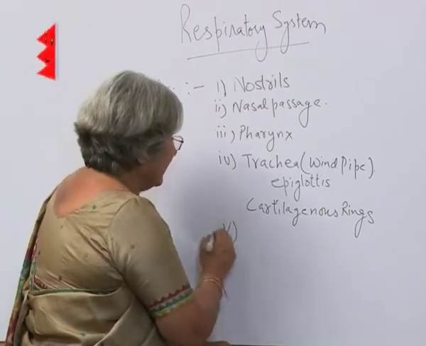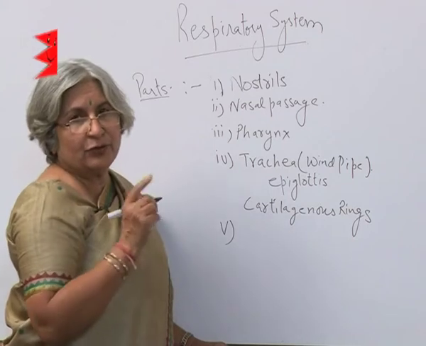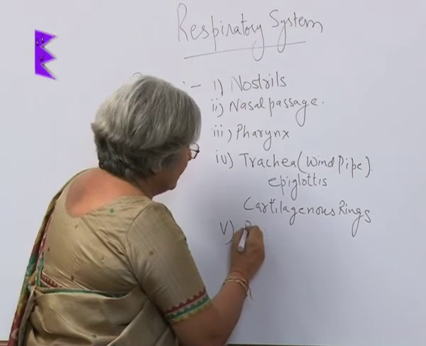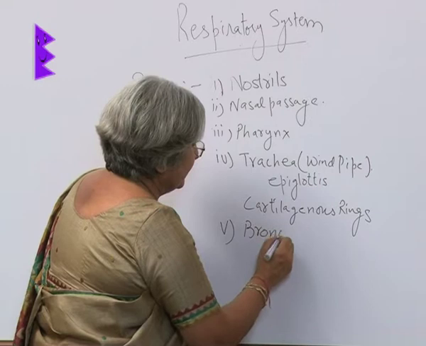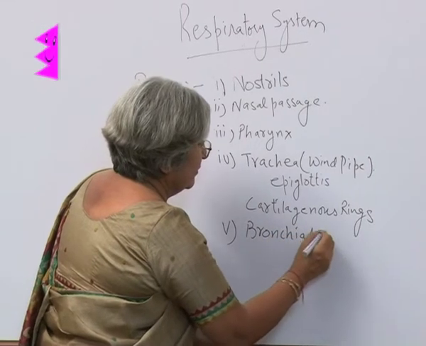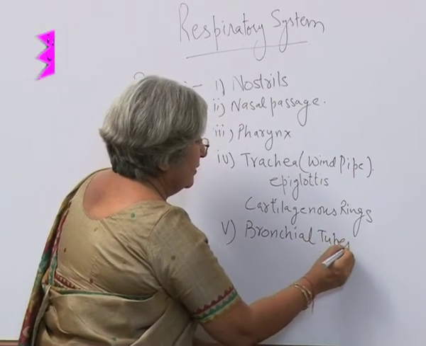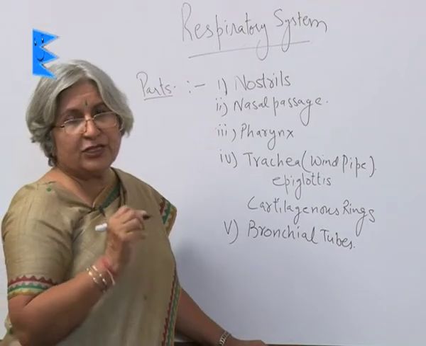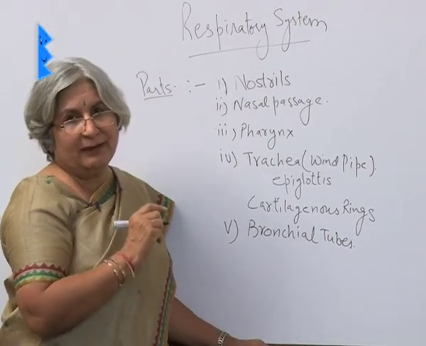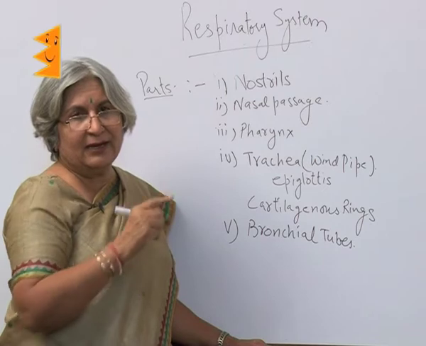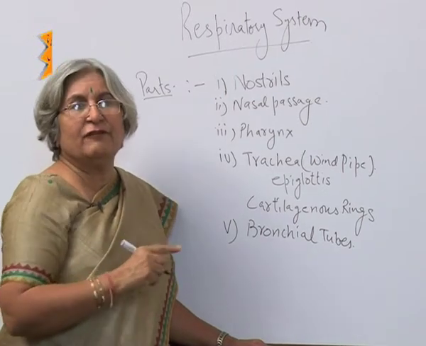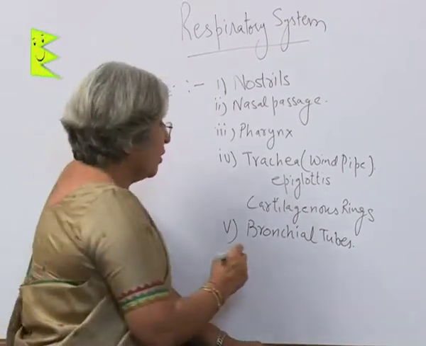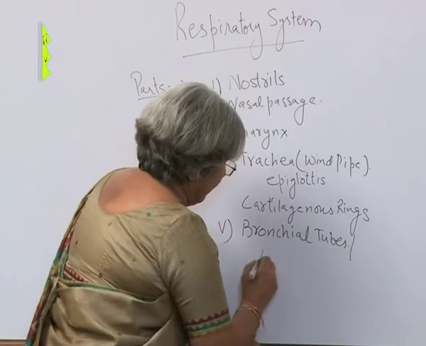The trachea then bifurcates into two tubes called the bronchial tubes. Each tube enters one lung, and inside the lung it forms a network of very fine branches called bronchioles.